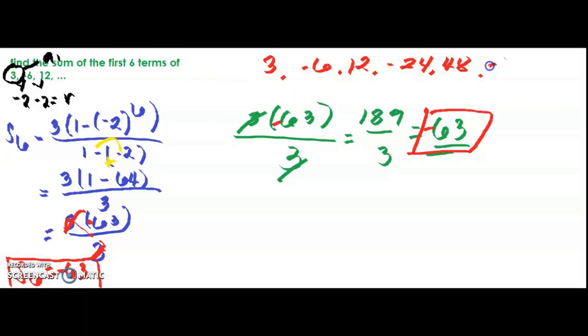Times negative 2, 48 times 2 is 96, am I right? Yeah, okay. So these are the first 6 terms. When we add all of those numbers, it will give us this number over here. That's what summation means.